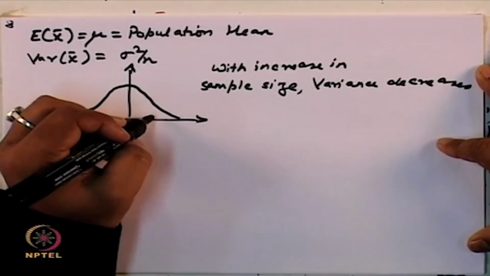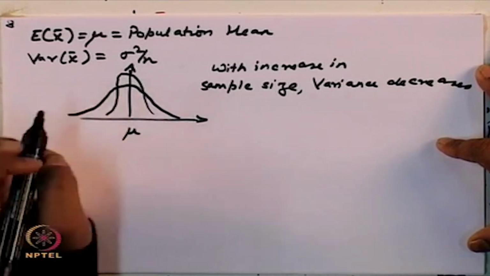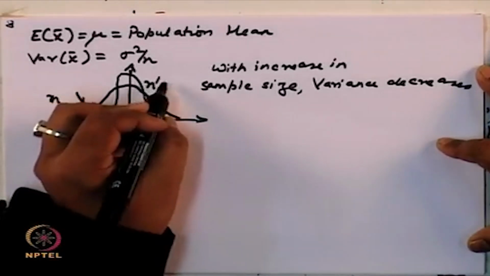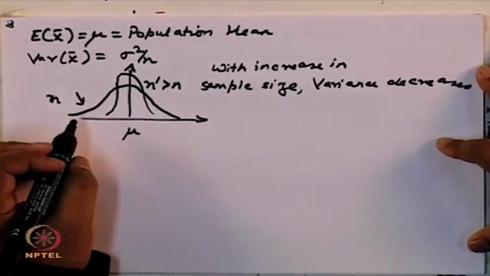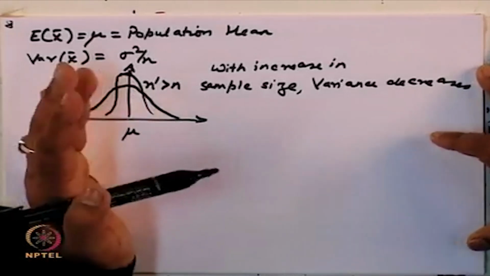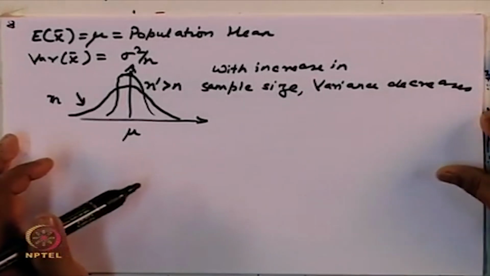Your distributions will become more and more narrow. Let us say this is for sample size n, and this is for sample size n prime greater than n. Your mean will not change, but these distributions will get more and more peaked. So, this is what this proves.